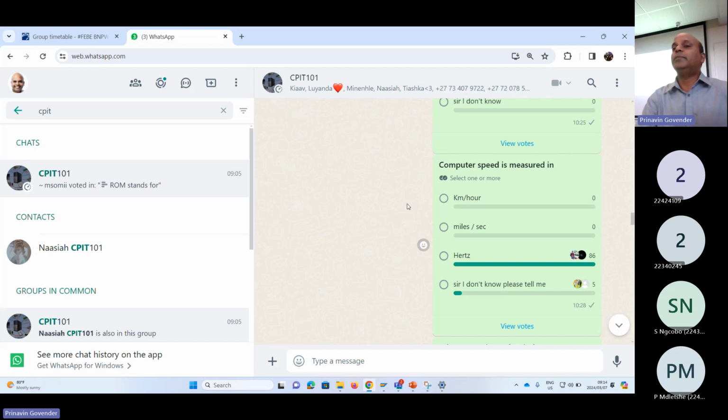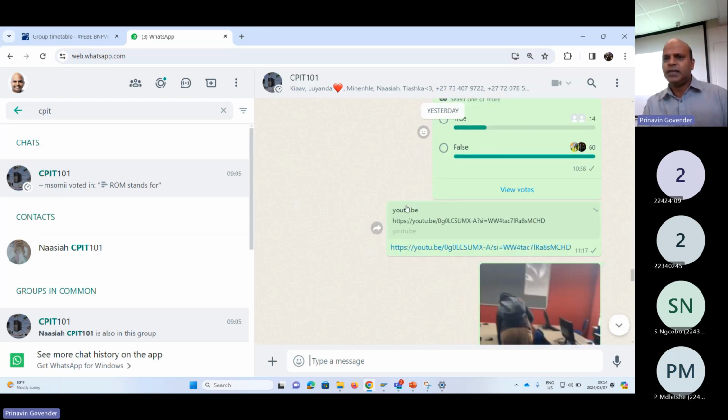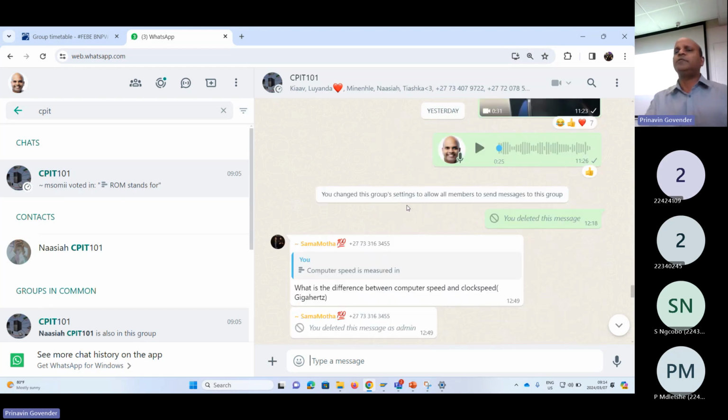I asked a question yesterday about computer speed. Someone posted a very nice question in the WhatsApp group: what is the difference between computer speed and clock speed? You need to ask your best friend.